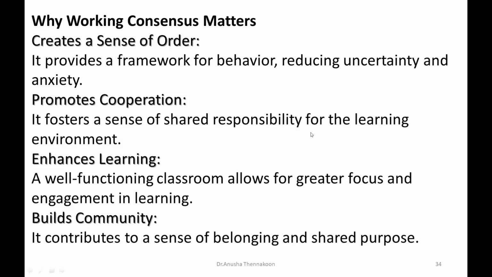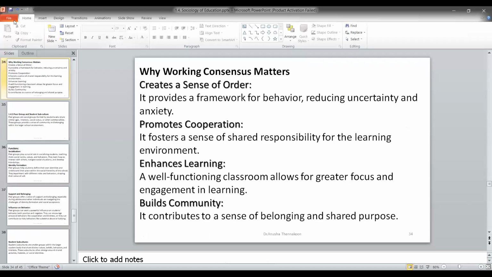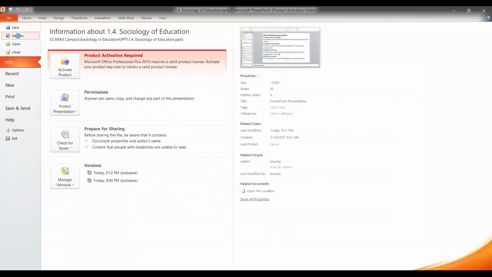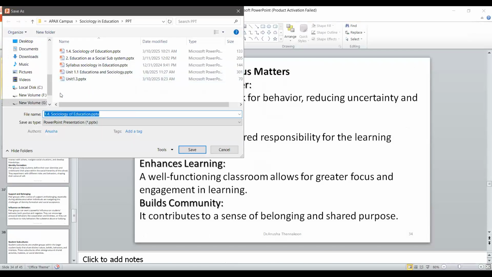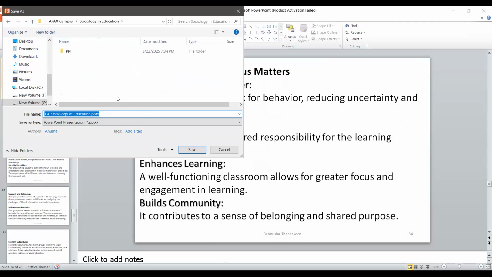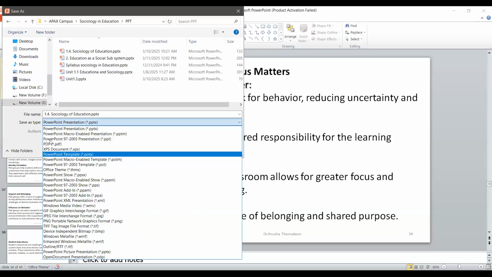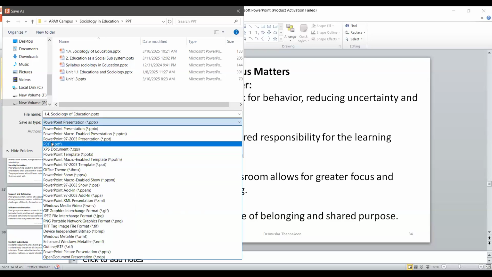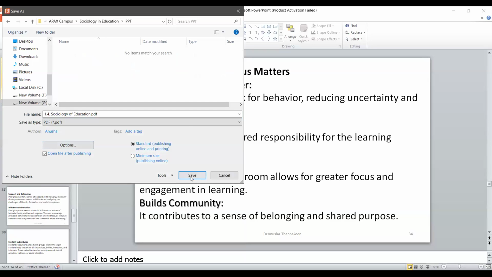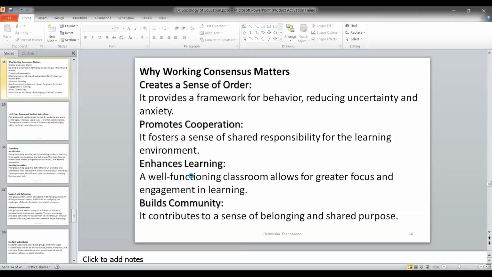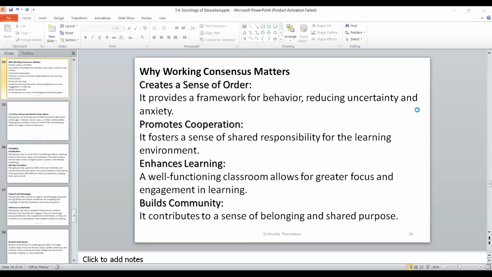Wait, I will share this in the chat box. Meanwhile, you can read this. I have to save it as a PDF, then only I can share it in the chat box. You just continue reading. Last week also I put it into the chat box.